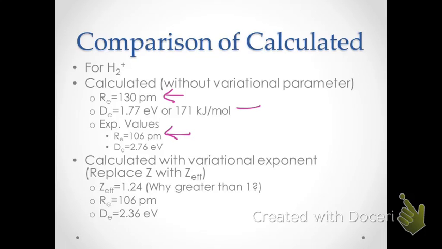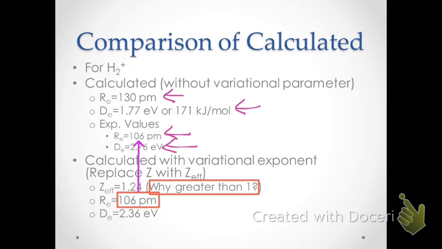The dissociation energy is also much lower than the experimental value. If, as we did with helium, we replace the atomic number Z with Z effective, we find that Z effective gives us a value of 1.24. Why is it greater than 1? I'll let you think about that. And we get a bond length of 106, which is right on the mark.